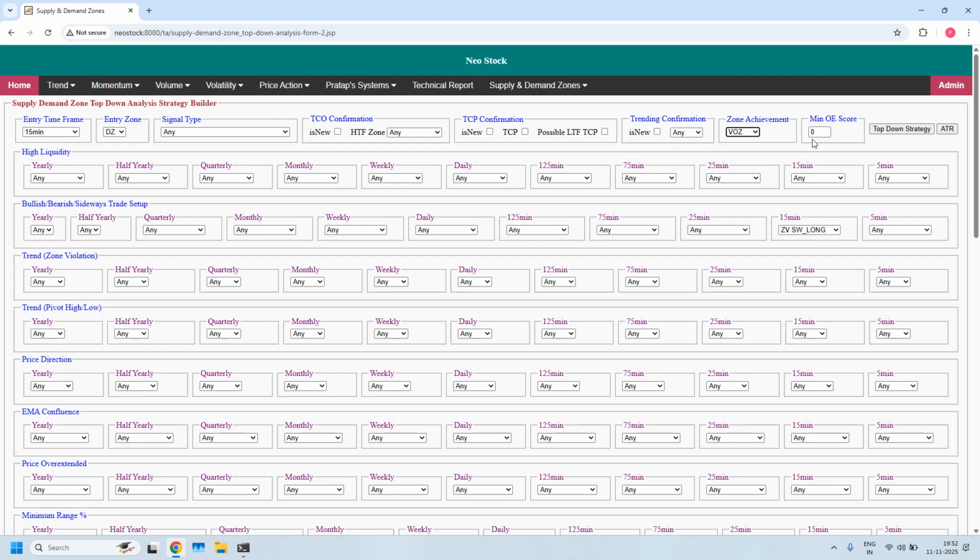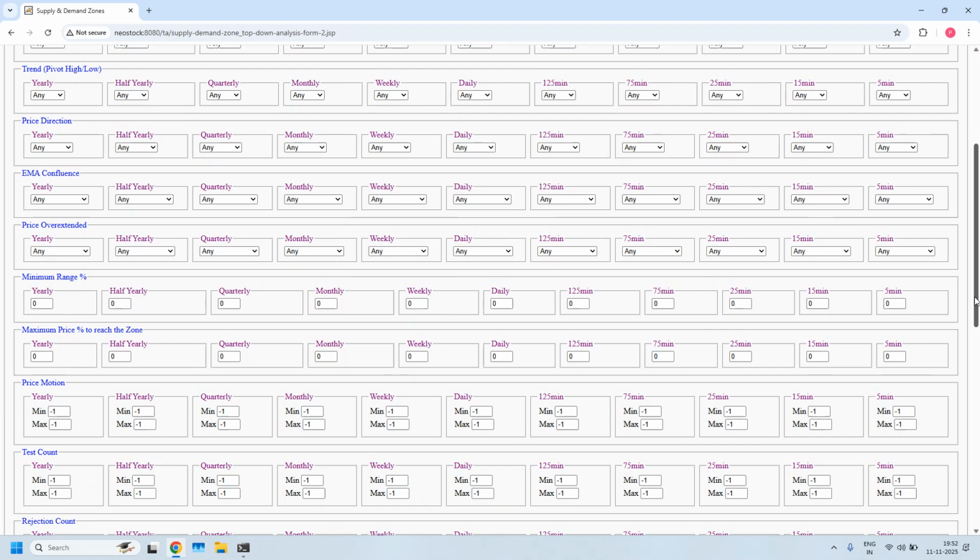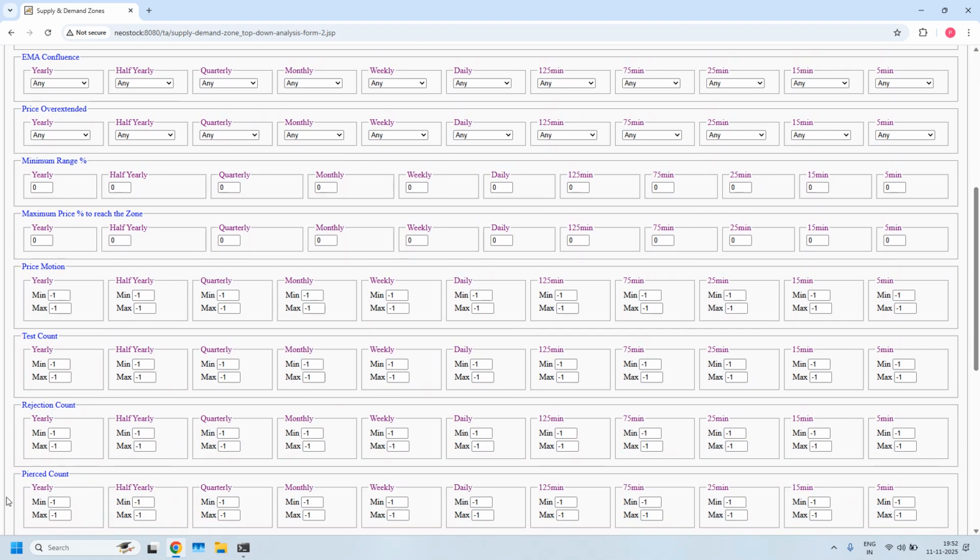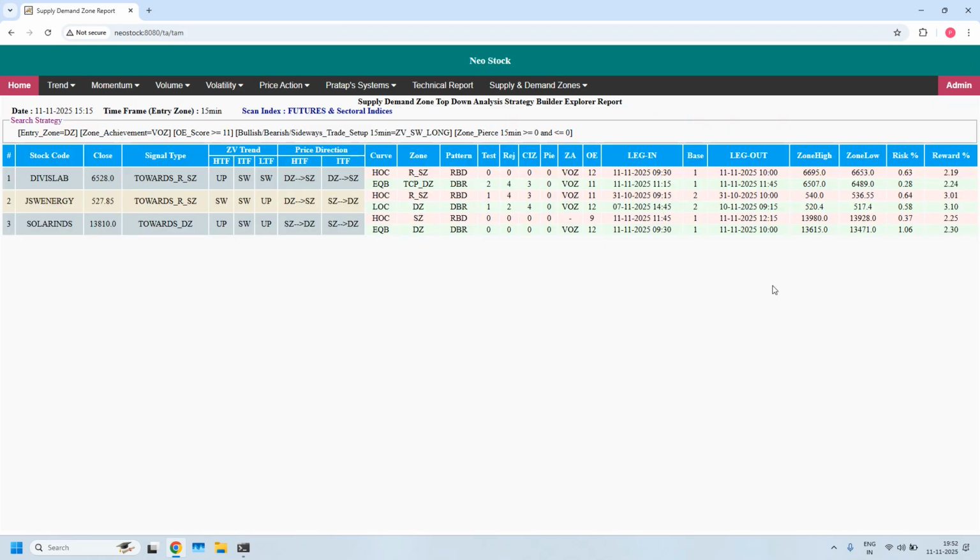Zone achievement violated, opposing zone, minimum order enhancer score 11 for sideways, and we also don't want 15 minutes pierced demand zones, so pierced count at 15 minutes time frame I am setting minimum value 0, maximum value 0. So we got 3 stocks supporting sideways long trade setup for daily income trade.